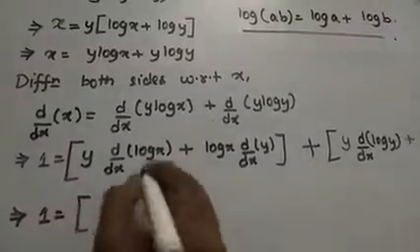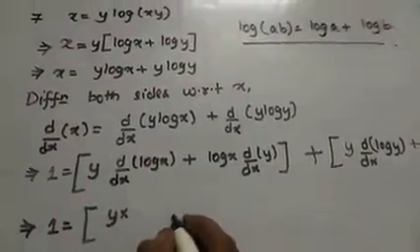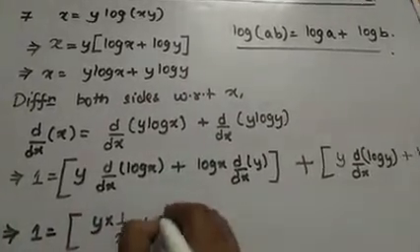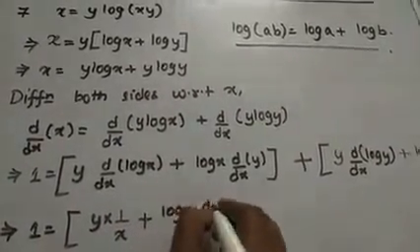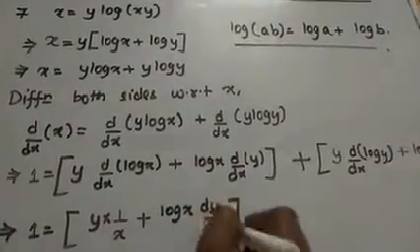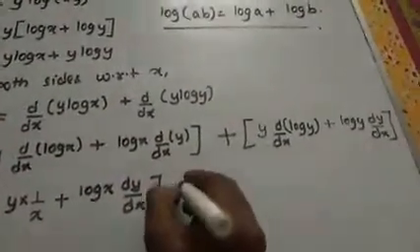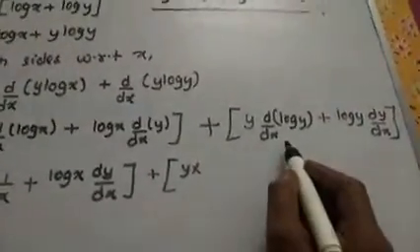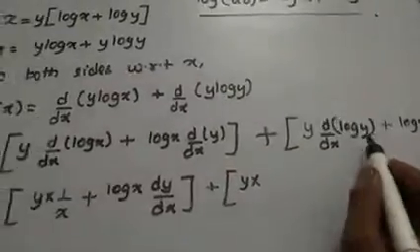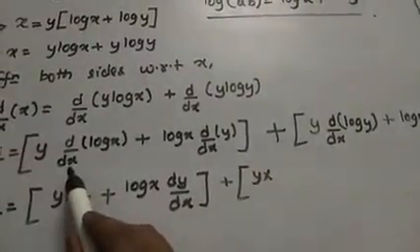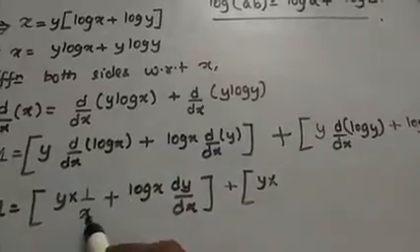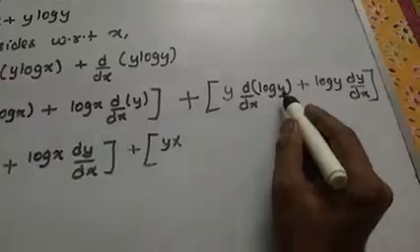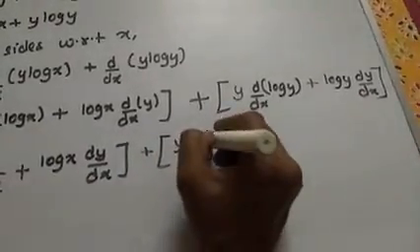Now y d dx of log x, formula number 3, d dx of log x is 1 by x, plus log x dy by dx, no change for this part, plus y, and here the term is d dx of log y. See students, here we have written d dx of log x is 1 by x, so d dx of log y will similarly be 1 by y.